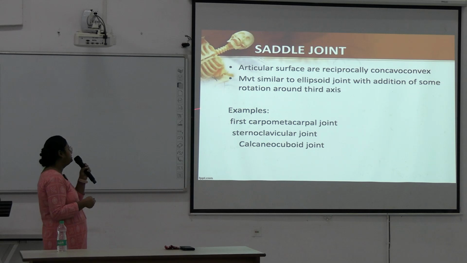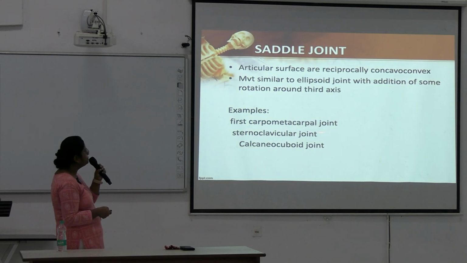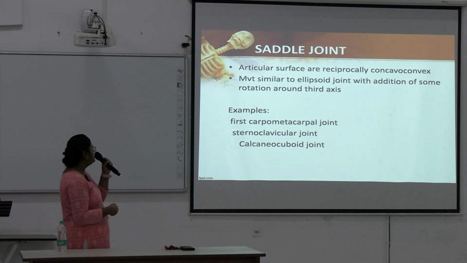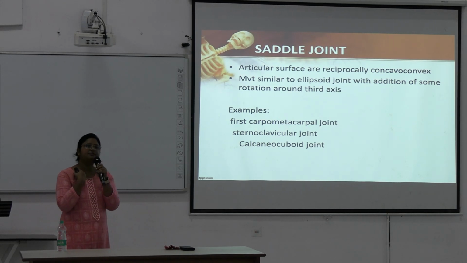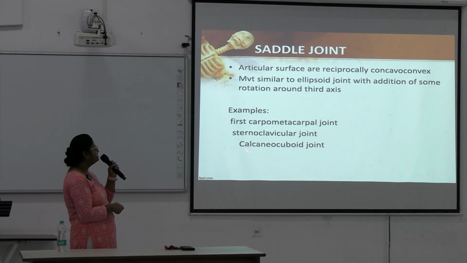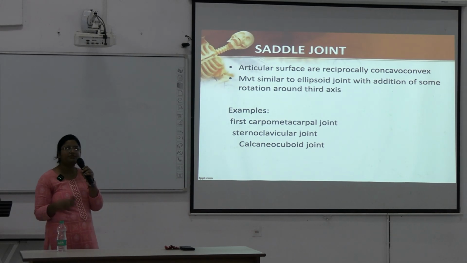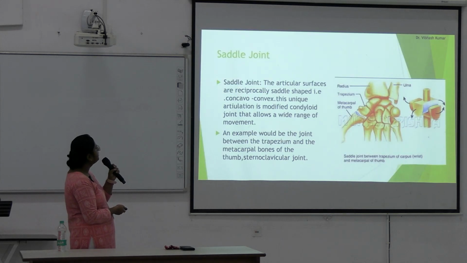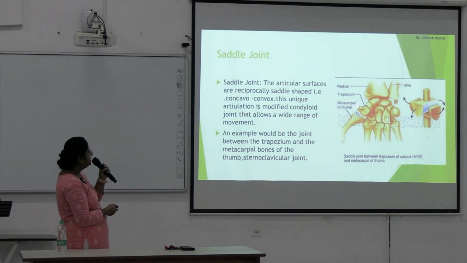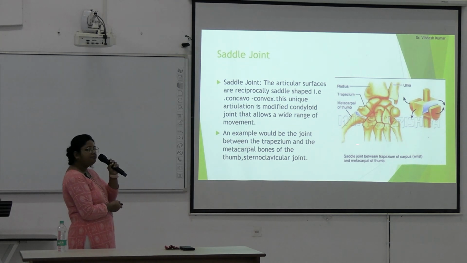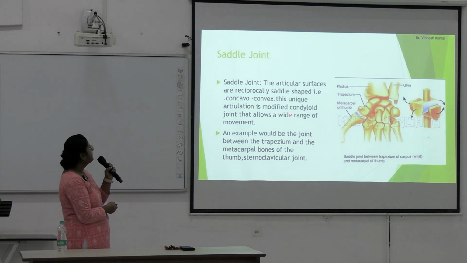So examples are the first carpometacarpal joint, here in your hand, and the sternoclavicular joint, which you have learned, and the calcaneocuboid joint, which lies between the tarsal bones of the foot, calcaneum and cuboid. So the saddle joint, here it has been shown between the trapezium and the first metacarpal of the thumb.